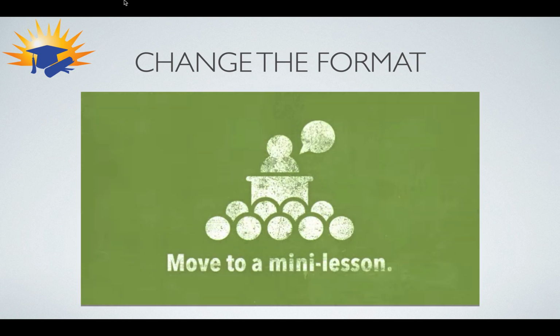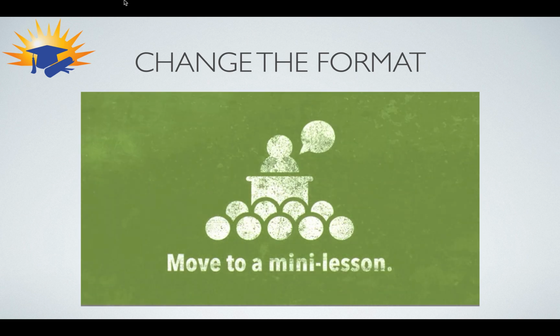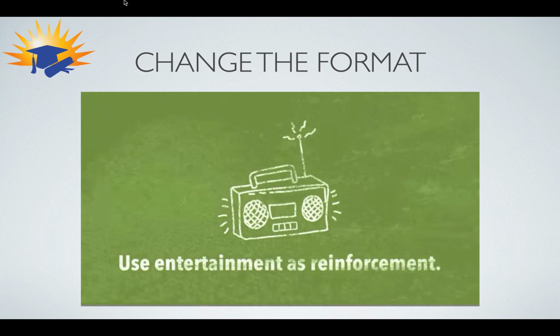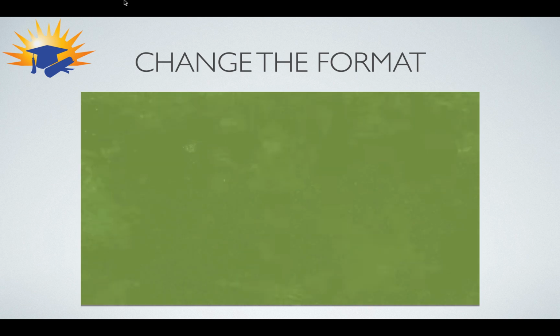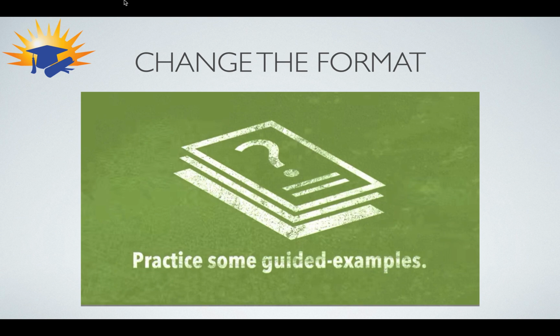Move directly into a mini lesson in which you define topic sentence and provide positive and negative examples. Teach a short song about the criteria for a good topic sentence. Guide students through 3 or 4 examples where they write an effective topic sentence for a given paragraph.